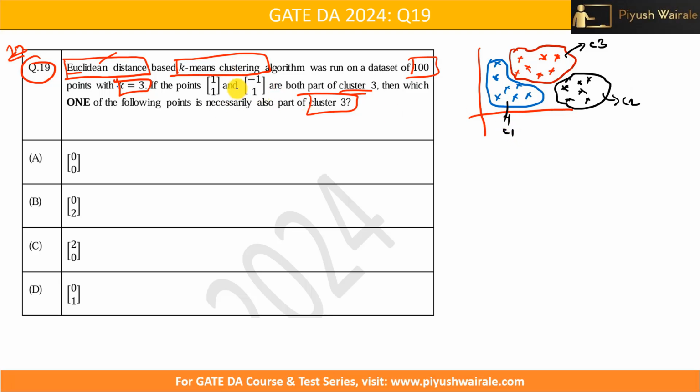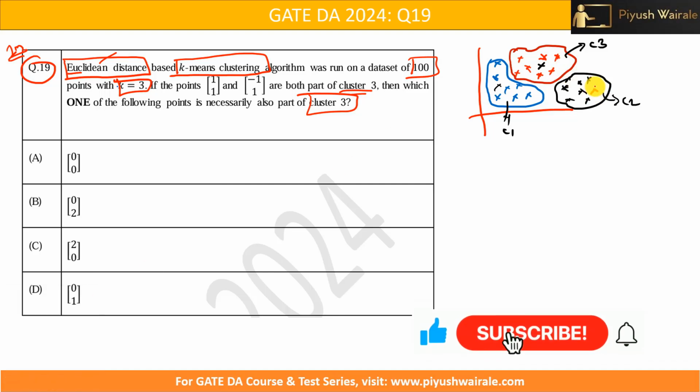What the question is saying is, if these points are both part of cluster 3, then which one of the following is true? We know that by the k-means clustering algorithm, if I get a centroid of this cluster, it means the distance of a data point to this centroid is minimum compared to the other centroids.